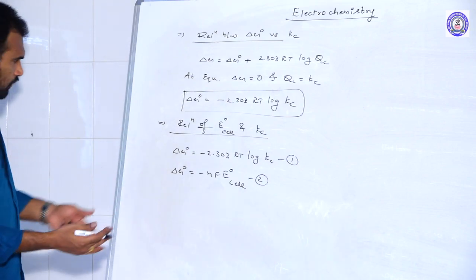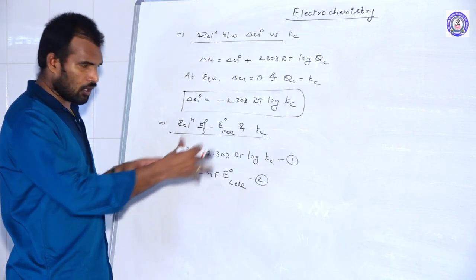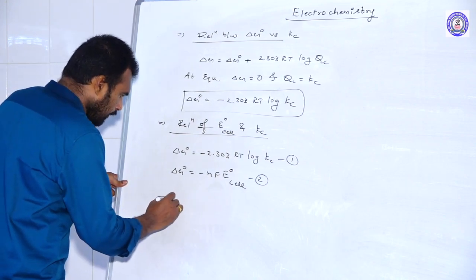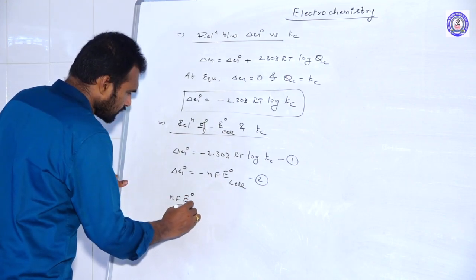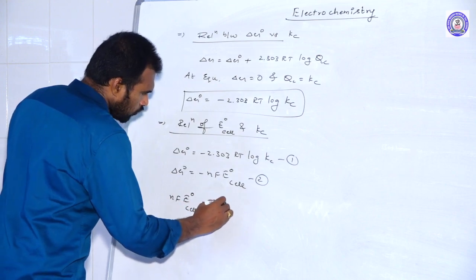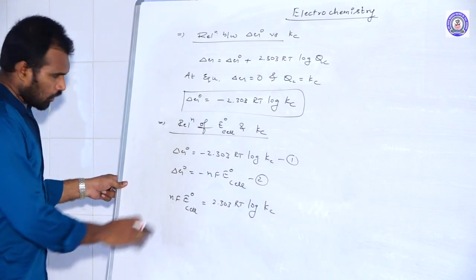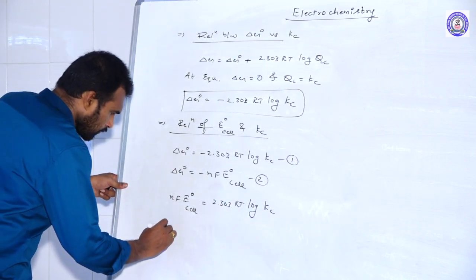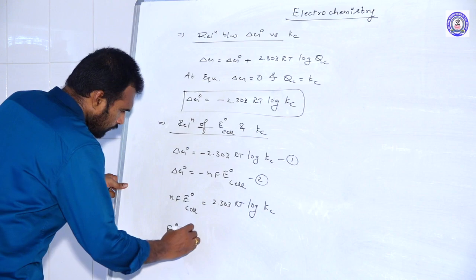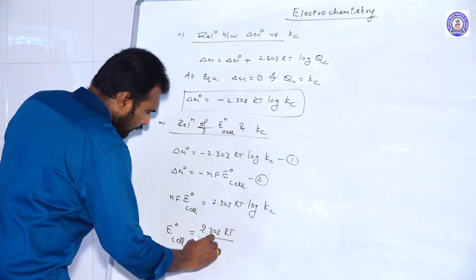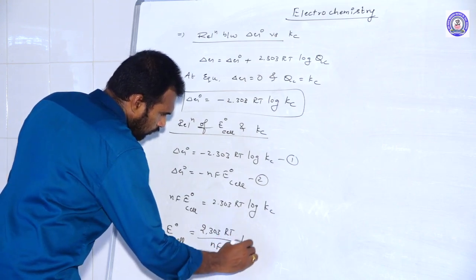Now the LHS are equal, so you equate the RHS, minus minus cancel. What is remaining? nF E naught of cell is equal to 2.303 RT log Kc. Now bring nF to this side, then E naught of cell is equal to 2.303 RT by nF log Kc.